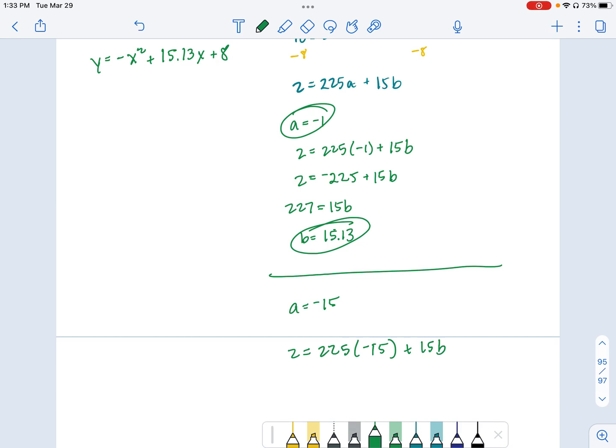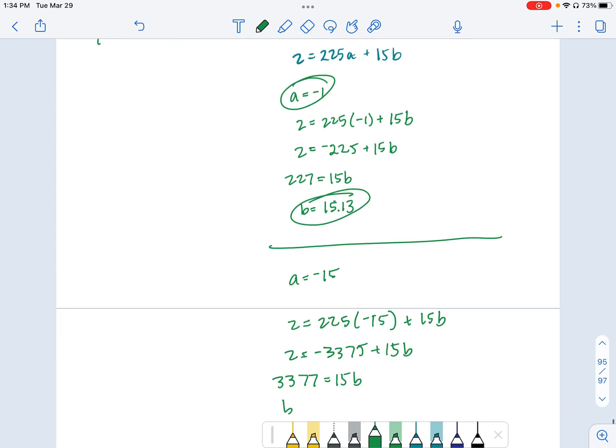And I don't know why I chose such a big number, but we get -3375 plus 15b. Adding that to both sides, we get 3377 equals 15b. And dividing that by 15, we get that b is 225.13.